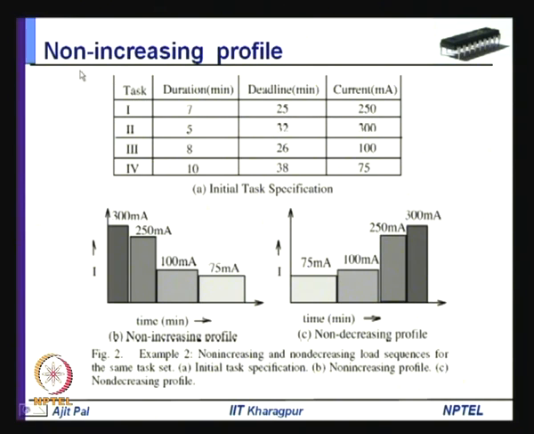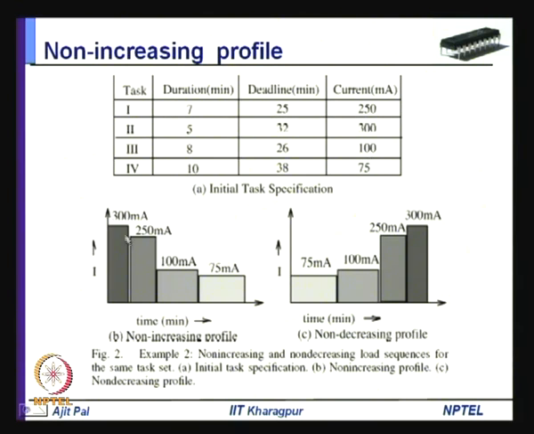And another feature that I mentioned, that is your non-increasing profile. Suppose you have got 4 tasks to be executed, and the duration of each of them is 7 minutes, 5 minutes, 8 minutes and 10 minutes, and these are the deadline times. After meeting the deadline times, you can schedule them, and they have different currents.